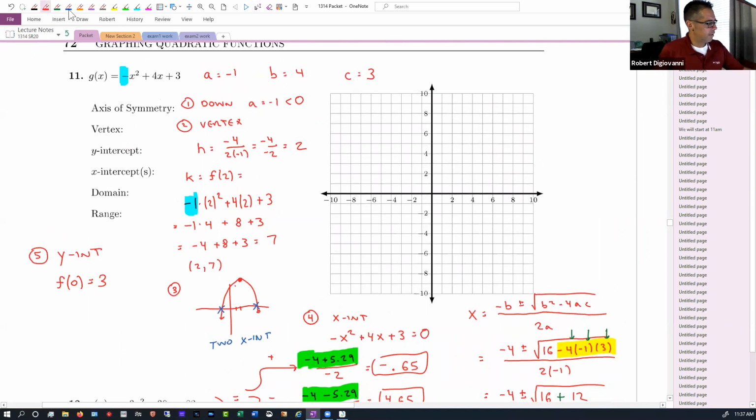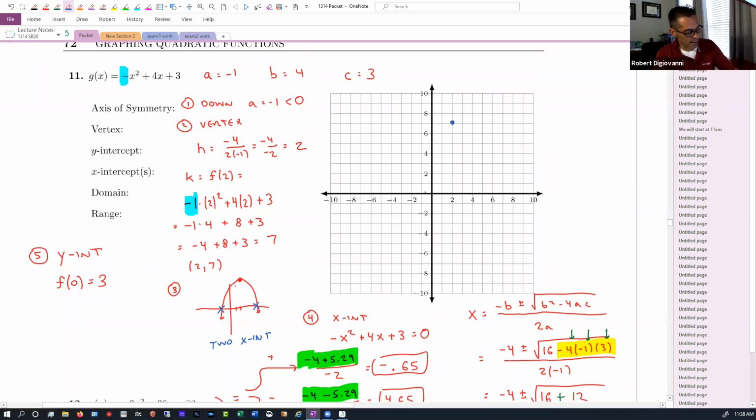I think we're ready. Start with my vertex. I go out to the right 2 and go up 7, put a dot. That's going to be the highest point of my graph because my parabola opens down. My X-intercepts are going to be a little tough. -0.65 is not quite -1. It's kind of in the middle.